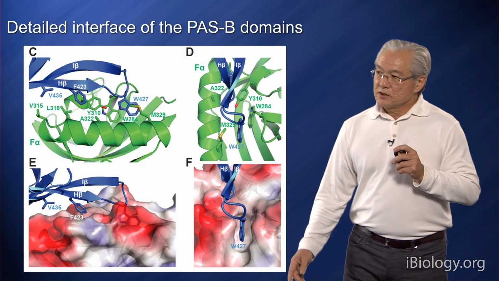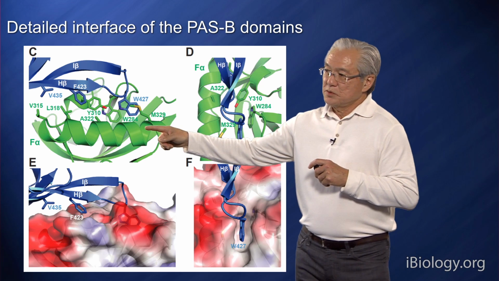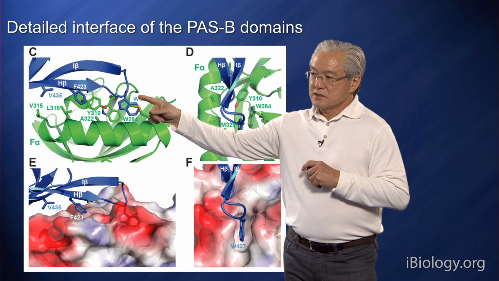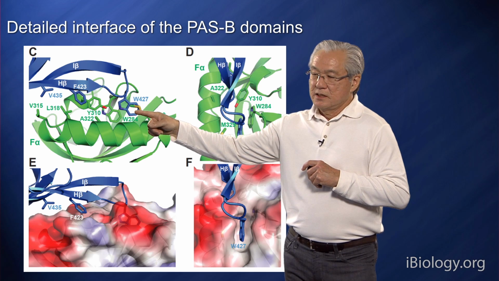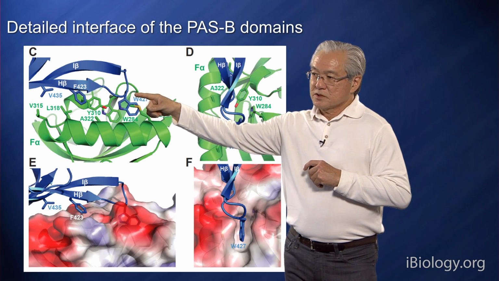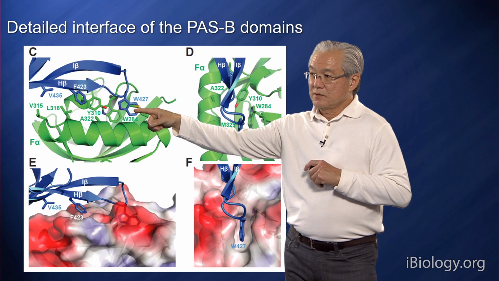The next slide shows you a detailed view of this interaction, and what you can see is a very interesting tryptophan residue that is part of what's called the HI loop of BMAL1.